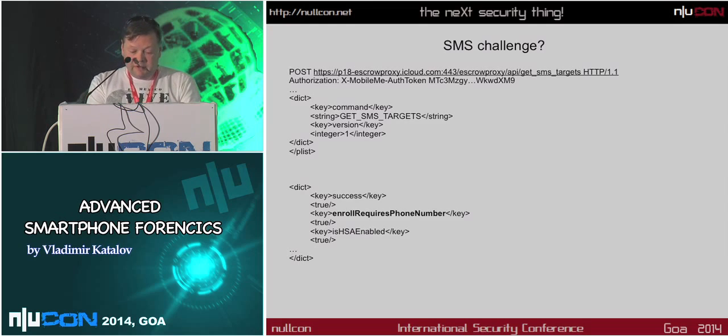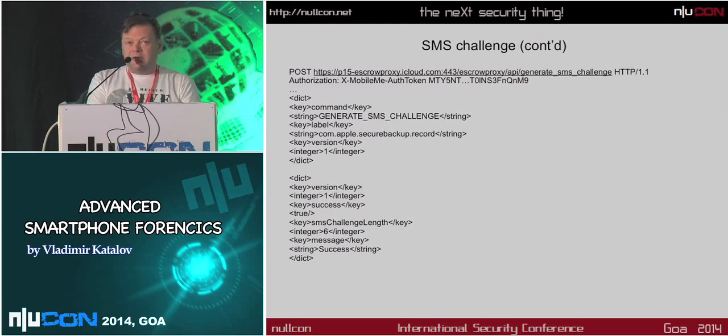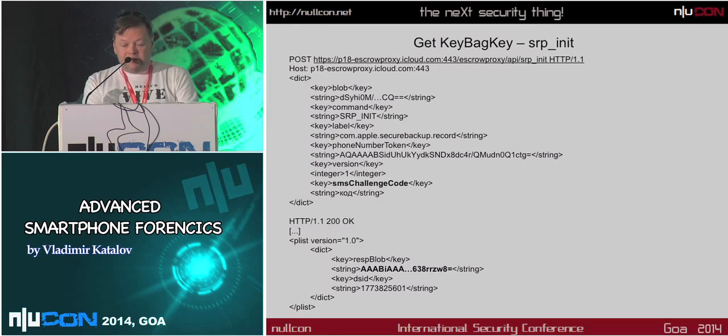The other command is enroll request phone number, so we can also retrieve the phone number used for that SMS verification. And in the response to this command, here it is, we can see that yes, for this particular account, we need to generate the SMS challenge, and also the length of the challenge, or of the response that will be sent to the trusted device.